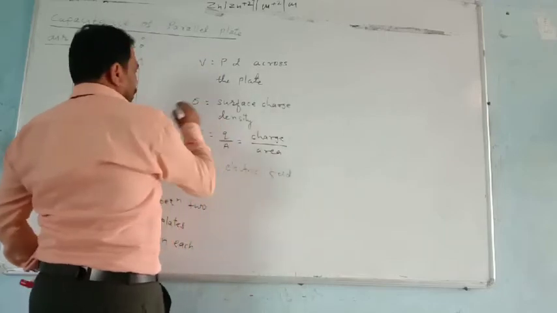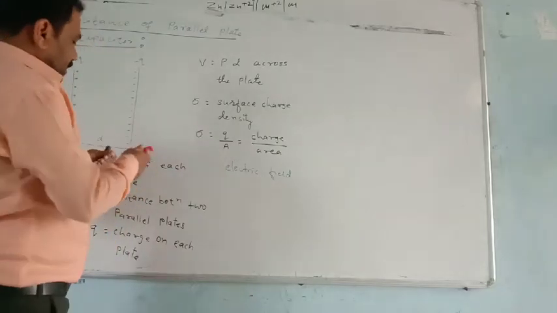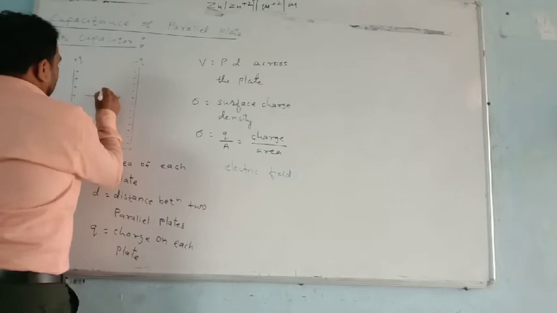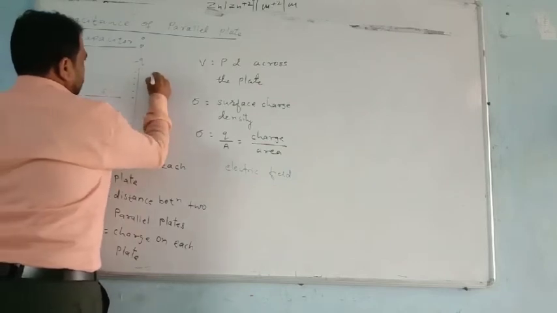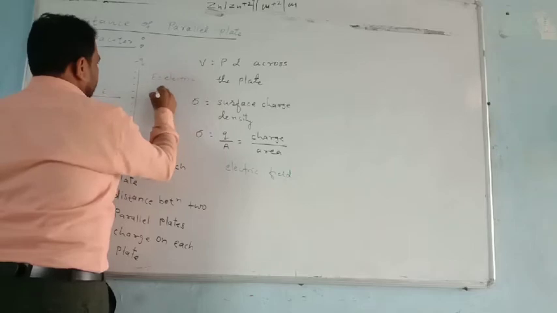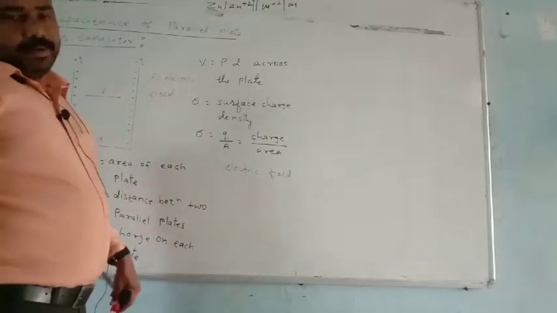Electric field means capital E. Here capital E stands for electric field. Electric field is uniform in between two parallel plates.